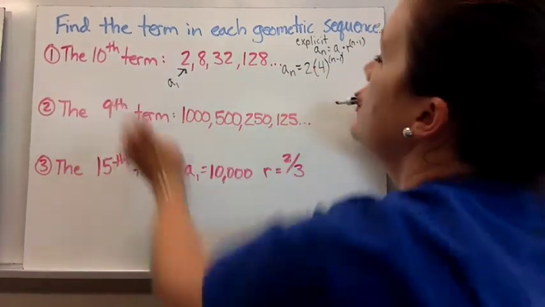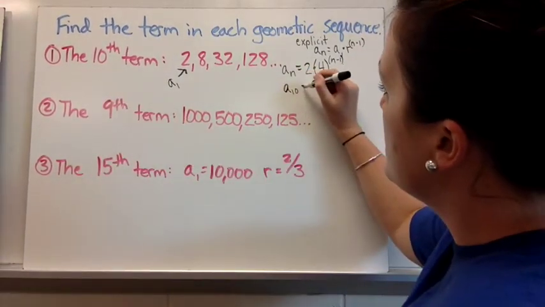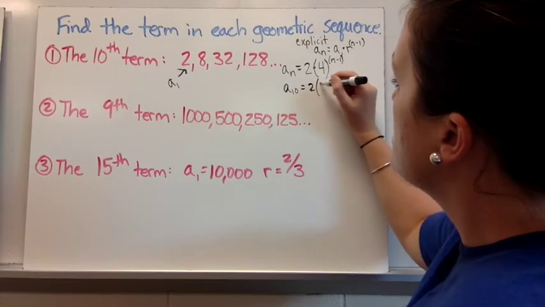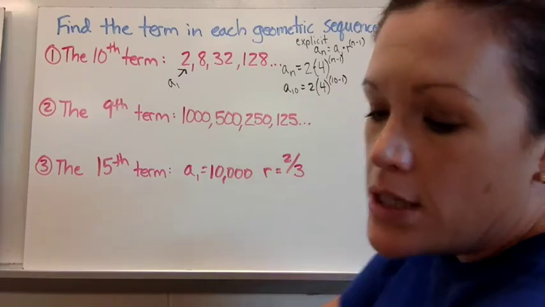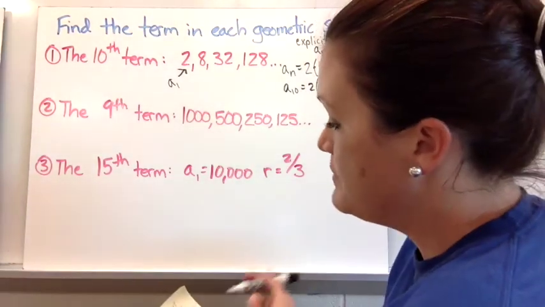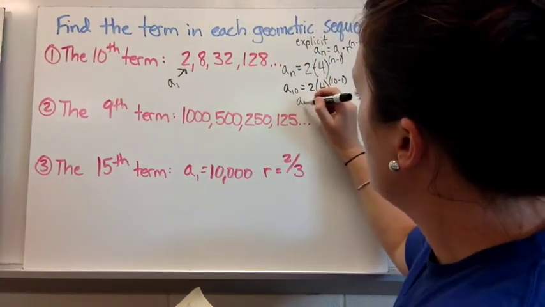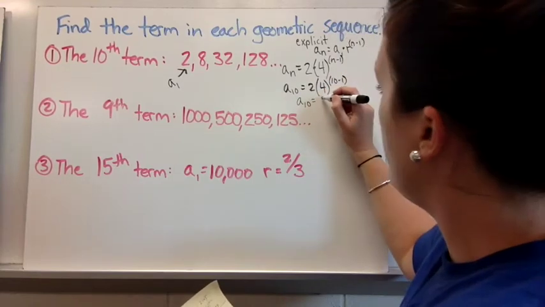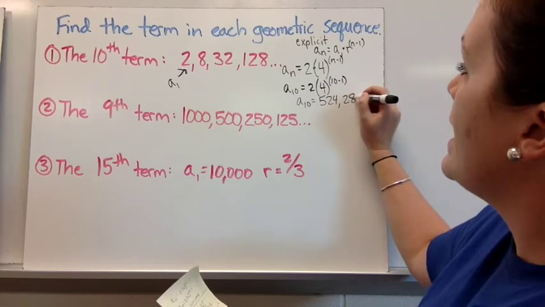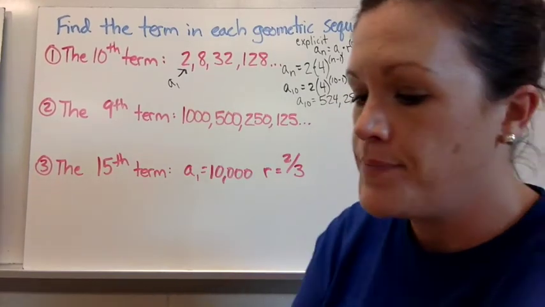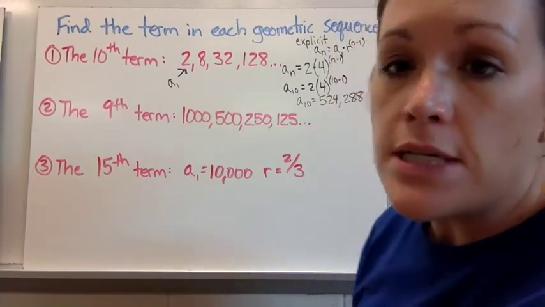So the 10th term means a sub 10 equals 2 times 4 to the 10 minus 1 power. And to save time, I've calculated that one. It's a big number. A sub 10 equals 524,288. Big number.